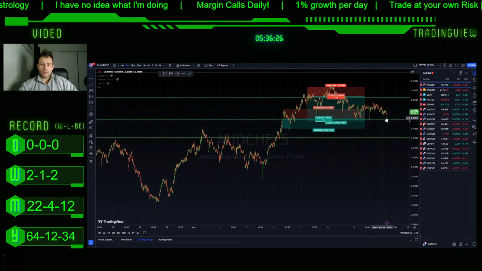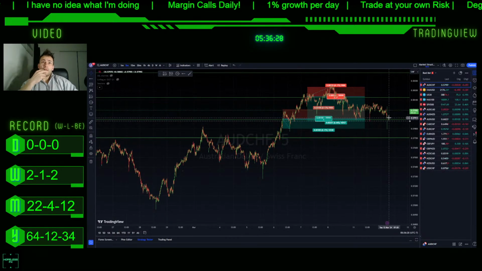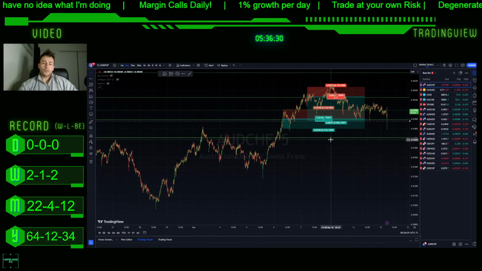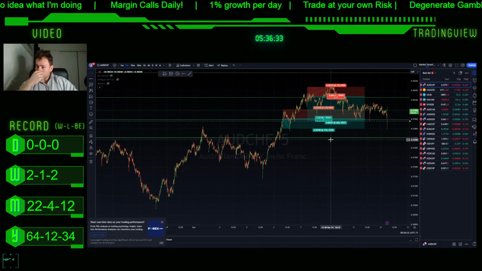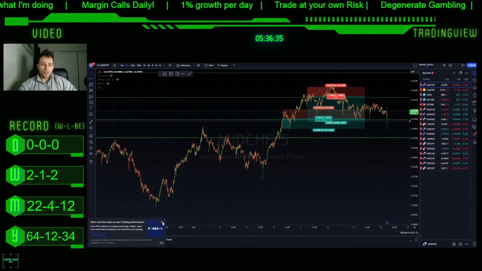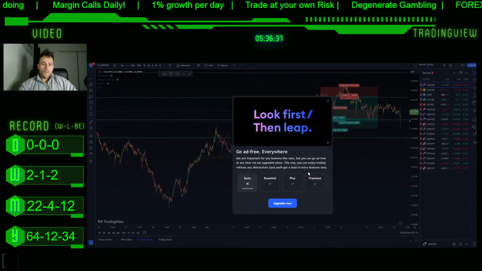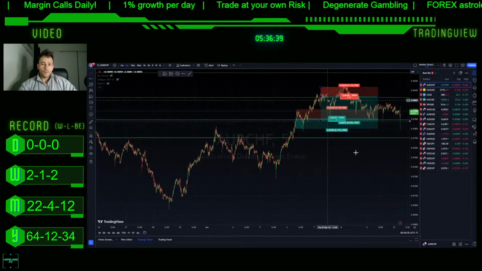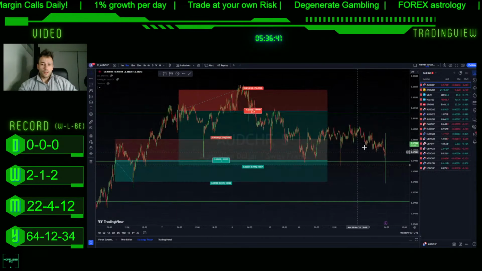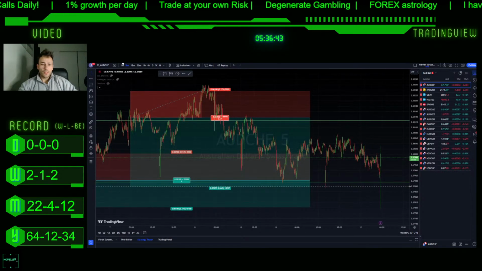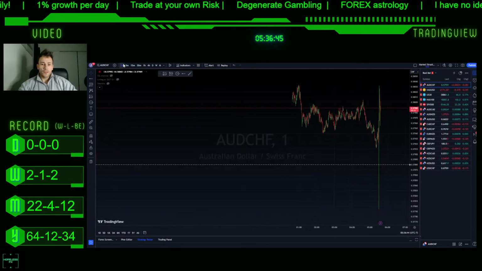Whenever you have these little spikes down, those are the windows after the market closes where the spread just increases, so it doesn't actually take the position. So we are still in the position here for both of these guys. Price was seemingly coming down this morning until this news came out.